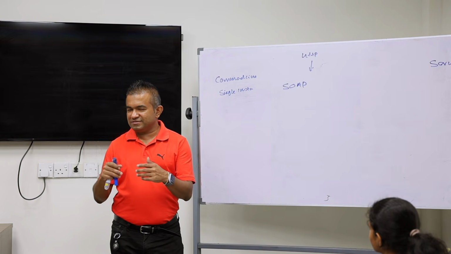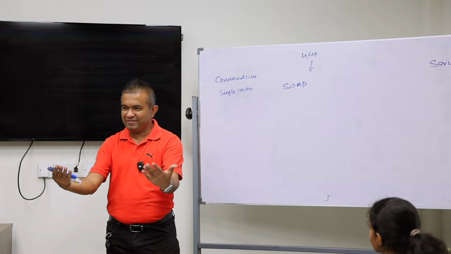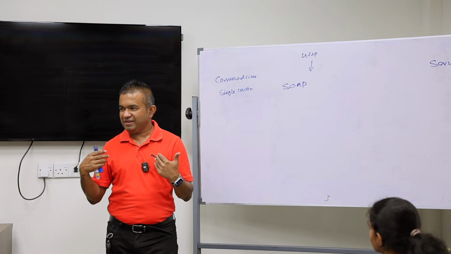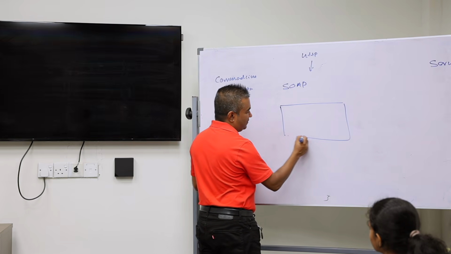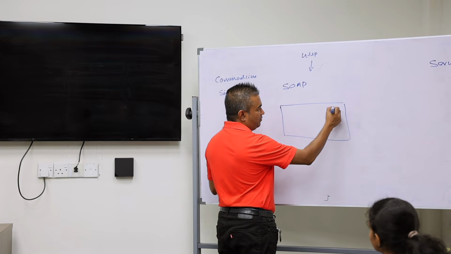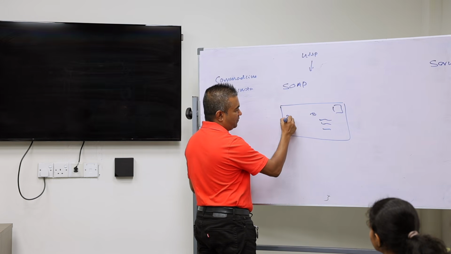Like we used to do with pen friends, we send letters and we receive letters, right? When you send a letter, you write it, put it into an envelope, put the stamp on, and say where it is to and where it's from.